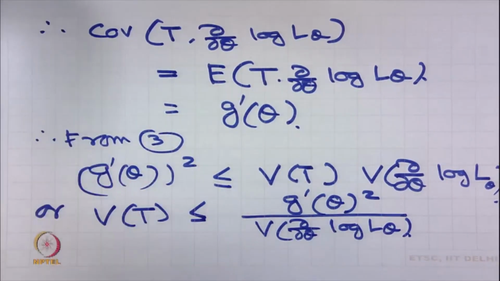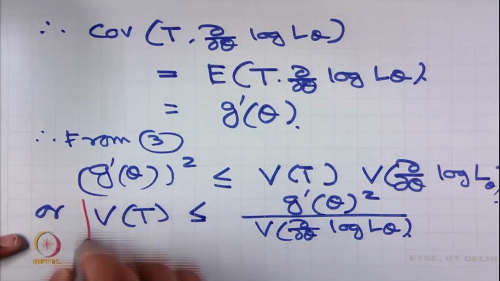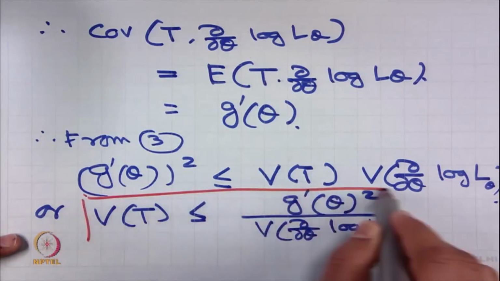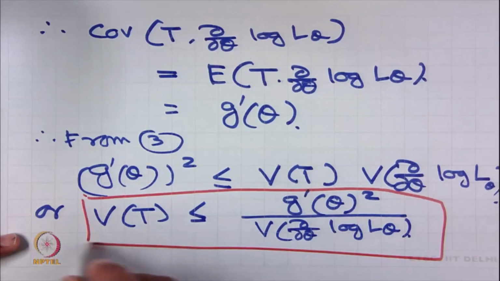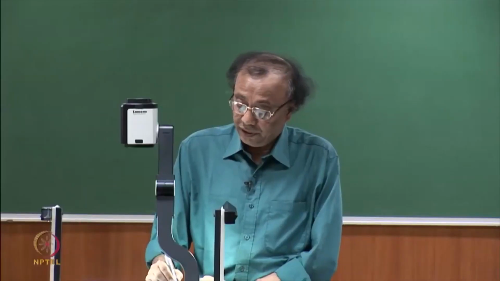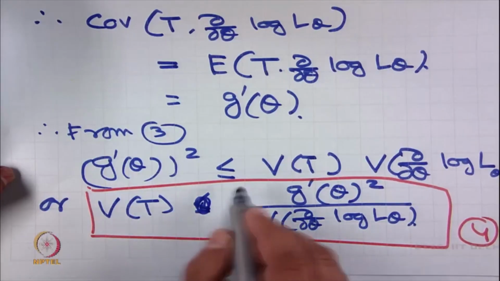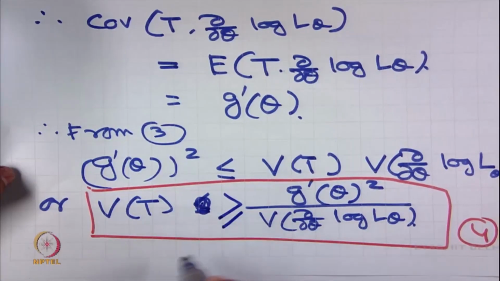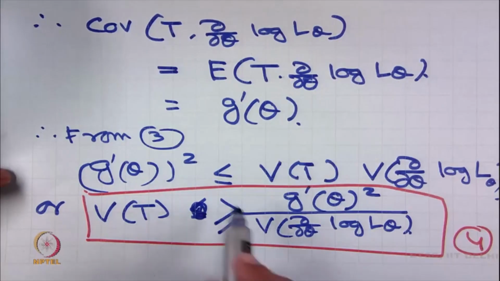Let us call it 4. Sorry, I made a mistake there. Variance of t has to be greater than equal to this quantity.